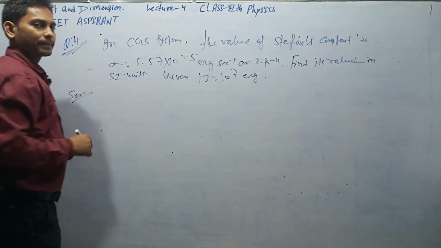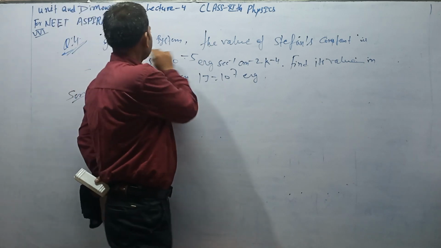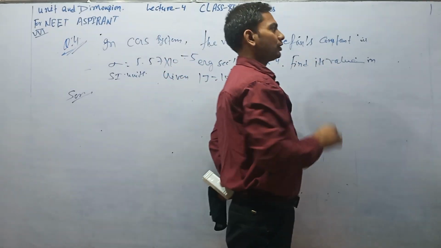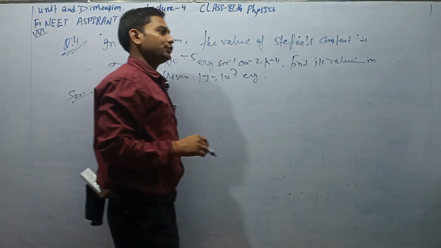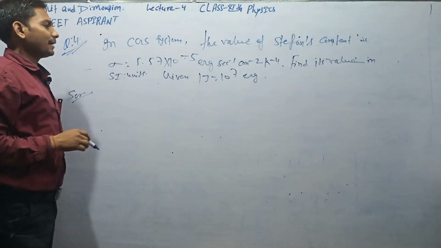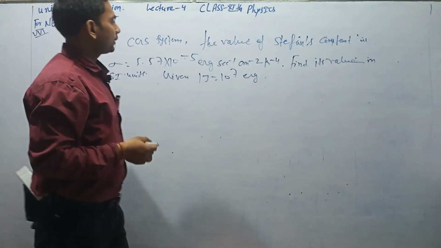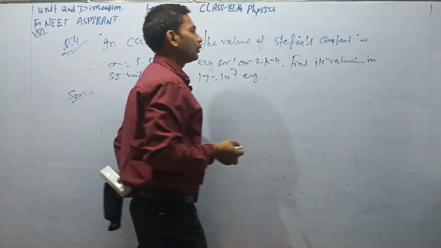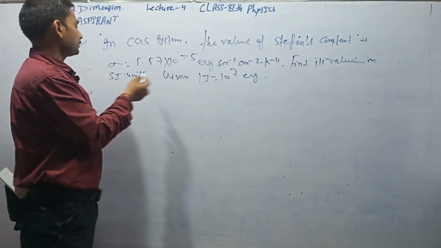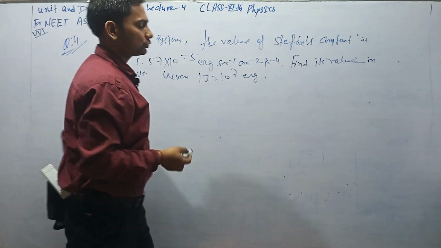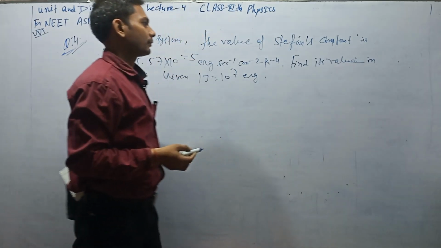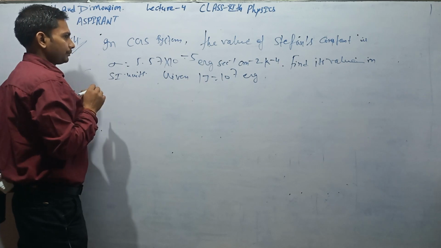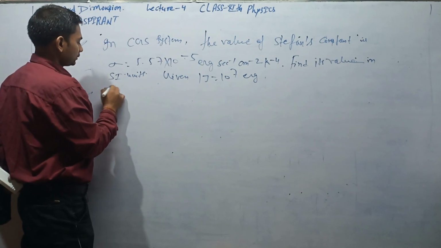Solution. In CGS system, the value of Stefan's constant sigma equals 5.57 into 10 to the power minus 5 erg second inverse centimeter to the power minus 2 Kelvin to the power minus 4. Find its value in SI units, given 1 joule equals 10 to the 7 erg. Solution.